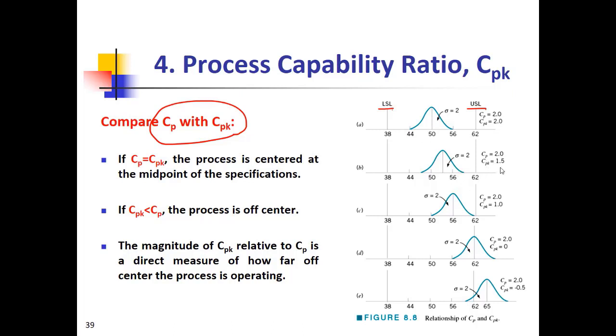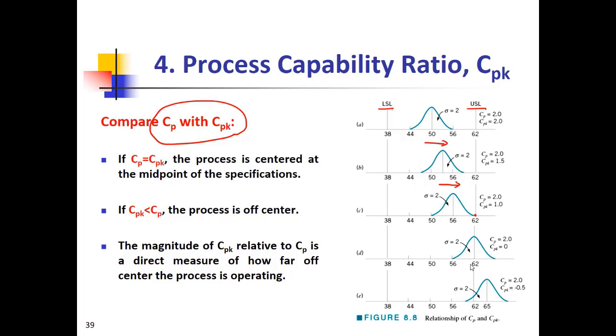CP 2, CPK 1.2. Now the data are far from LSL and USL, they are still within the limit, but closer to USL. Then CP 2 and CPK 1, now my data are almost attached, they are shifted again to the right, and now they are at the boundary of USL.